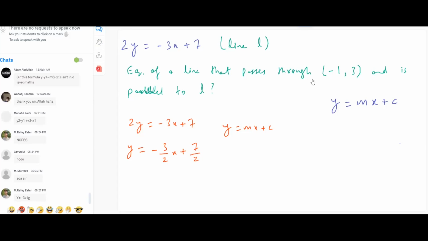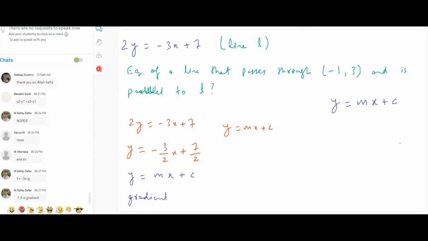Now we compare this with y equals mx plus c. ग्रेडियंट क्या है? x के साथ यहाँ m है, इधर x के साथ minus 3 over 2 लगा हुआ है.